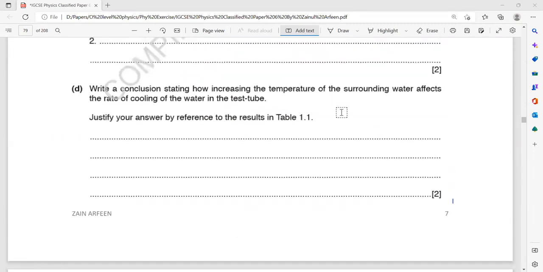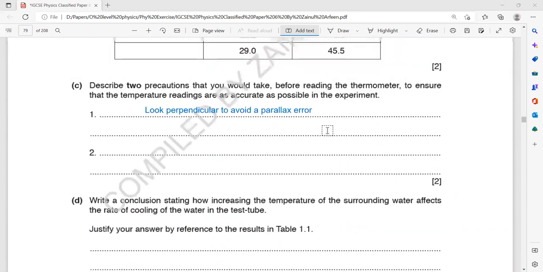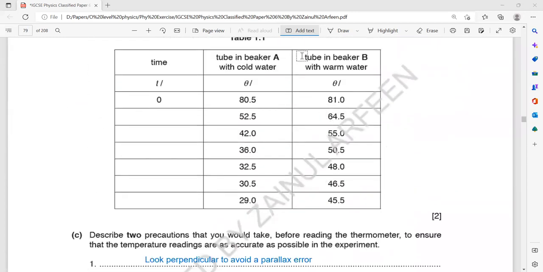Then write a conclusion stating how increasing the temperature of the surroundings affects the rate of cooling. Justify your answer using the results in table 1.1. This is table 1.1. How much has it cooled down in 180 seconds? So how can you work out the rate of cooling?